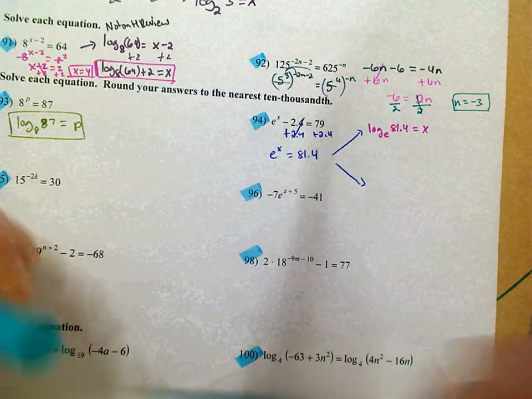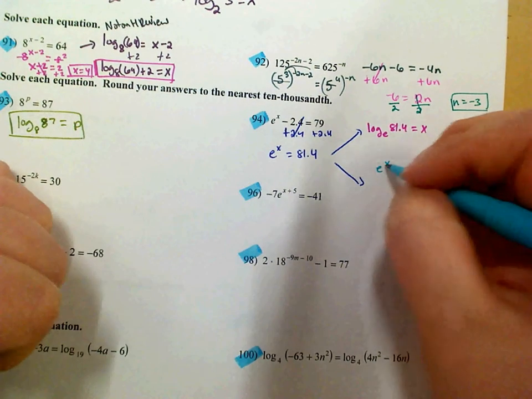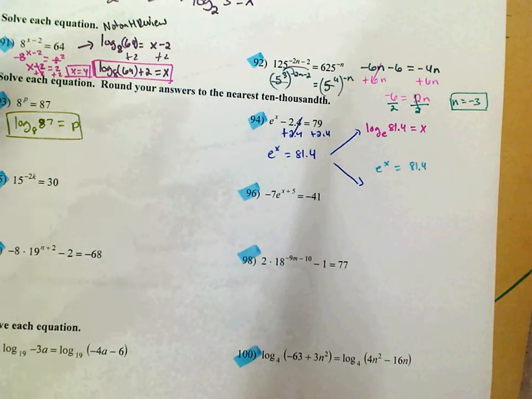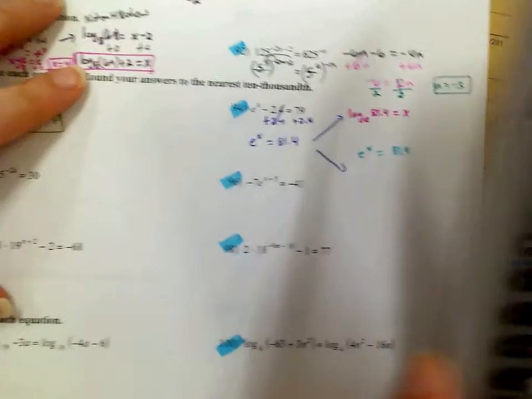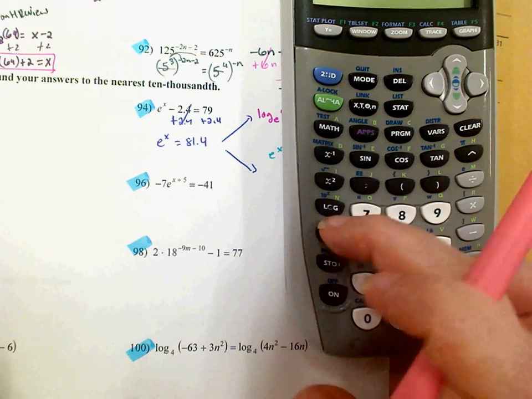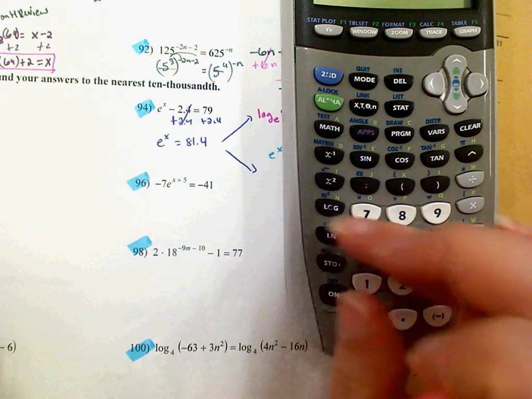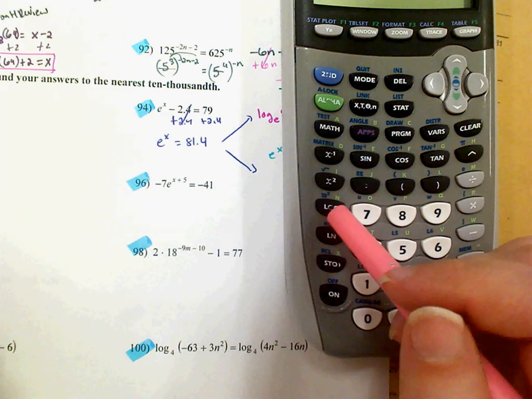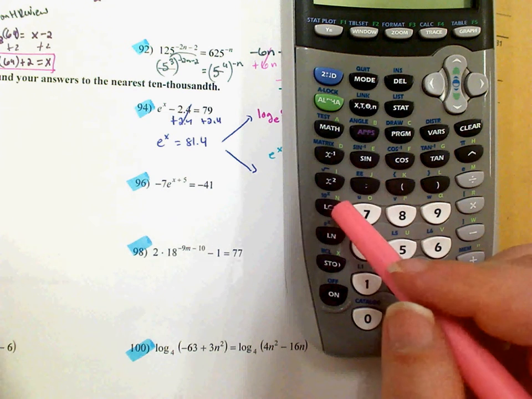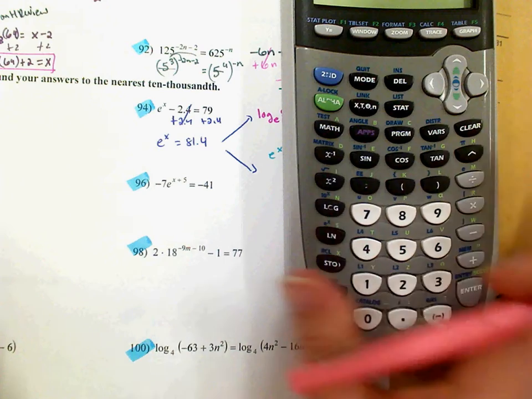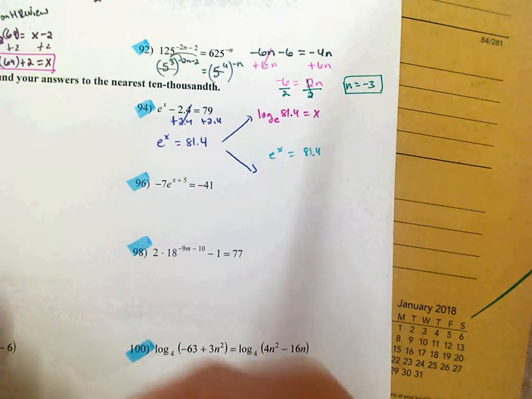So when I have e to the x equals 81.4, I don't know if you remember, that's great, but if you don't, you can always look at the calculator and notice that e to the x and ln are around the same button. So like 10 to the x and log, that's kind of a clue that log without a base is base 10, and that natural log is base e. Okay? So natural log and e are inverses of each other.